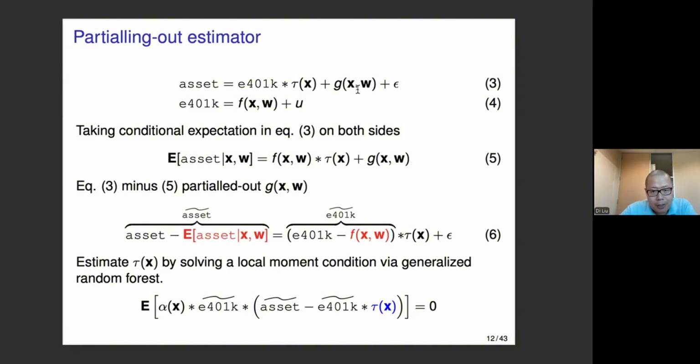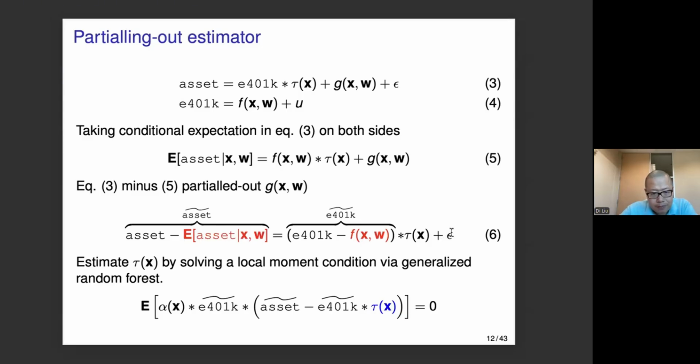As you see here, the g function gets partialled out. What stays on the left-hand side is y minus the conditional expectation, like a prediction residual. On the right-hand side, it's e401k minus the f function, also a prediction residual for e401k, times the tau(x) function, which is our final object of interest, plus some epsilon.